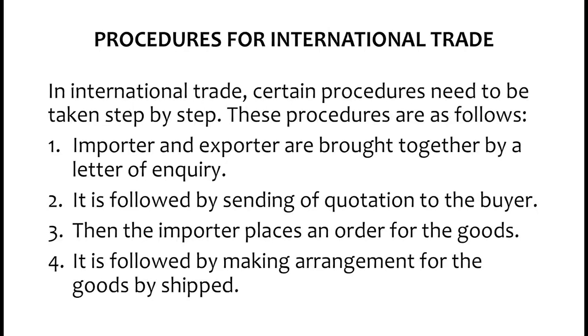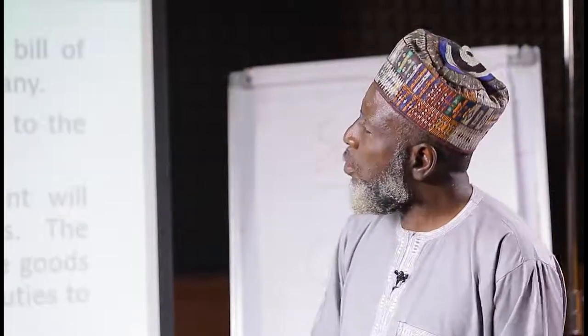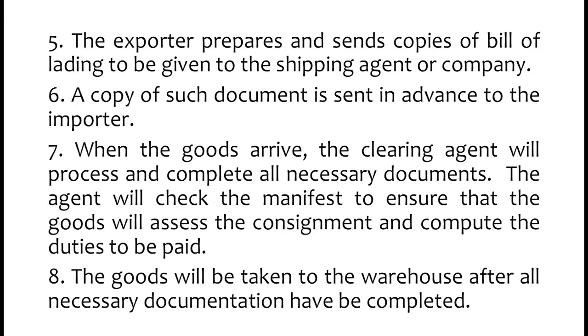Then this is followed by arrangement for the goods to be shipped from the exporting country to the importing country. That's number 4. Number 5, the exporter prepares and sends copies of bill of lading to be given to the shipping agent or company. Number 6, a copy of such document is sent in advance to the importer.